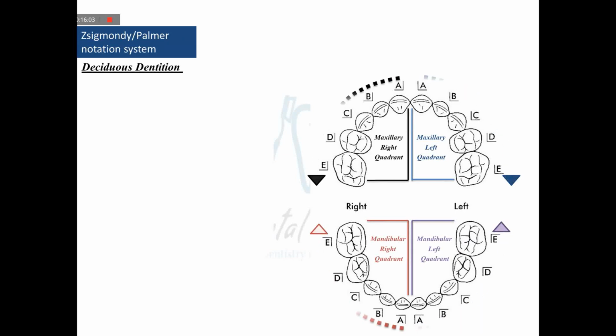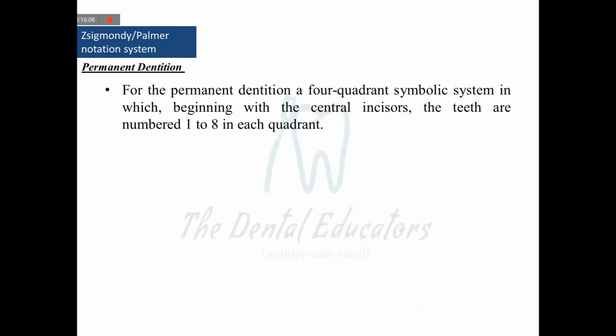Now for the permanent dentition, we again make up the four quadrants to represent the symbolic representation, and we start to count the teeth again from the central incisor to the last tooth in each of the quadrants. As we know, in permanent dentition, in each quadrant we have 8 teeth, that is the central incisor, lateral incisor, canine, first premolar, second premolar, first molar, second molar, and third molar.